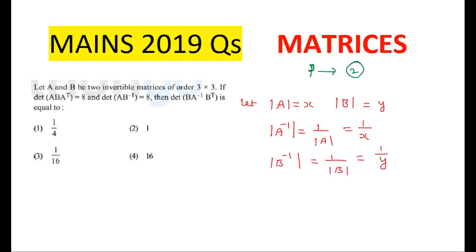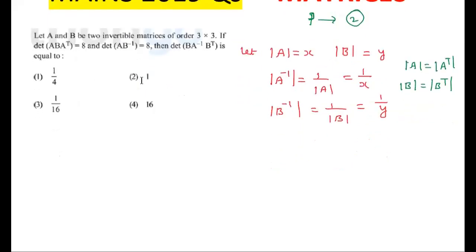Here observe that det A is equal to det A transpose. These two are equal. Det B is equal to det B transpose. The determinant of a matrix is equal to the determinant of the transpose of the matrix.